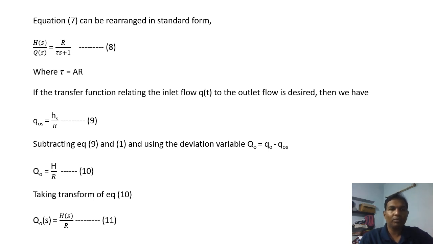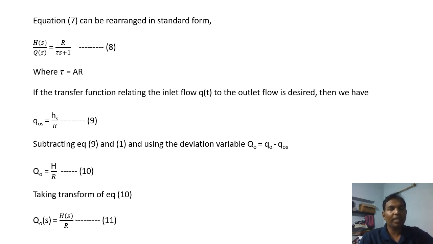So 1 by tau s plus 1 will be the standard form of the first order transfer function. Here we can see H of s represents the output variable and Q of s represents the input variable.